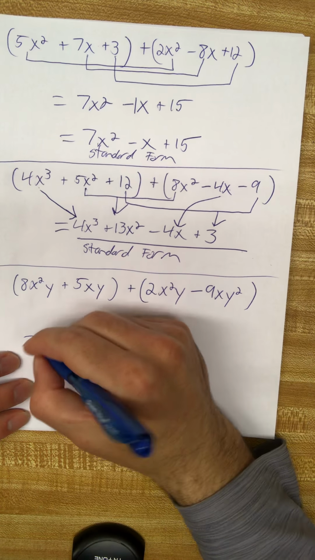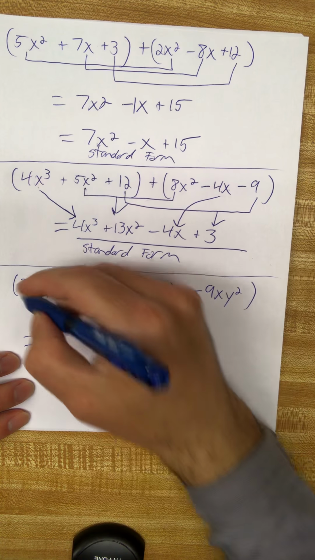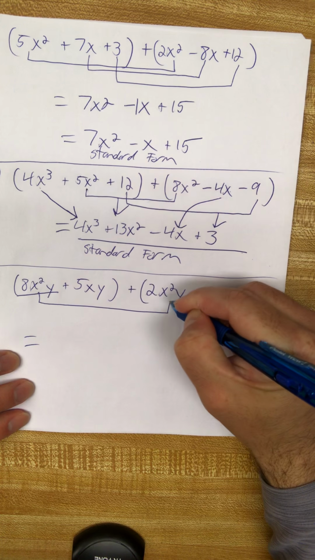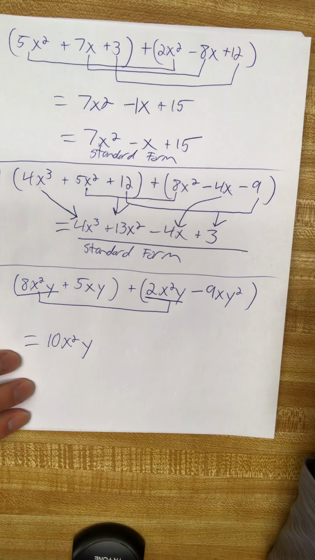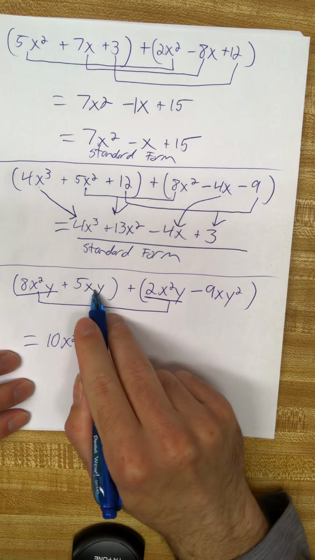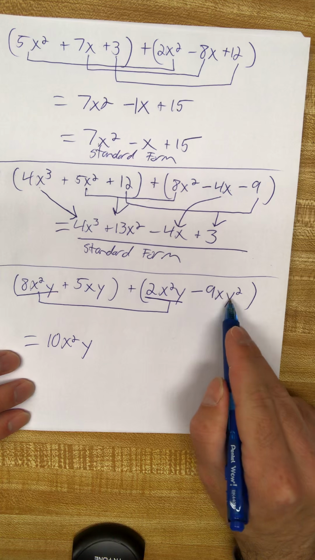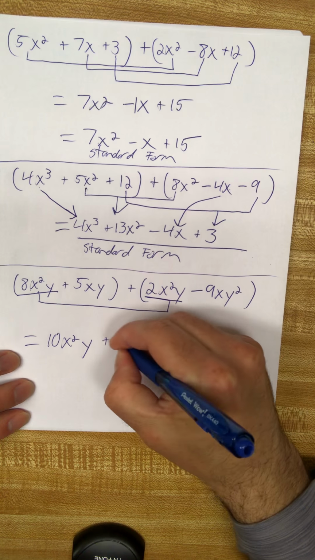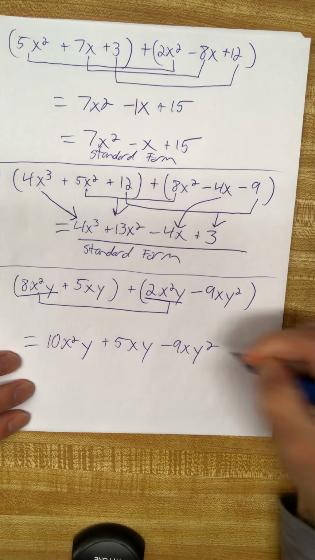So 8x squared y plus 2x squared y are like terms because everything's exactly the same. I can make it 10x squared y. But the 5xy and the minus 9xy squared are not like terms, they just come down.